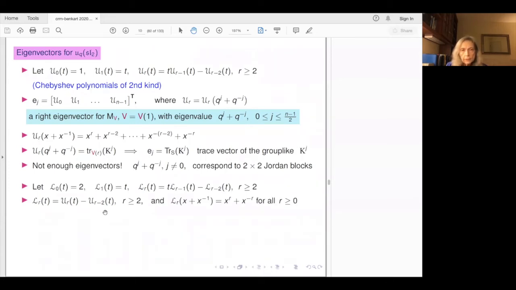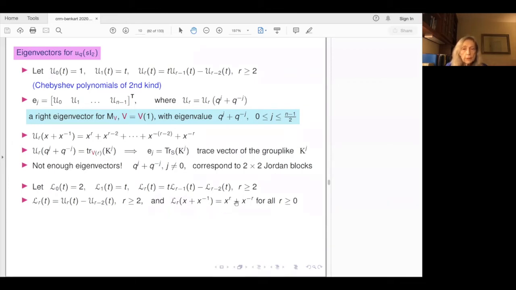So that's quite useful because, in fact, when you plug in x plus x inverse, you just get x to the r plus x to the minus r. So you can see that for r bigger than or equal to 2 from this equation above and this fact over here, because all you're doing is chopping out the middle of this expression.